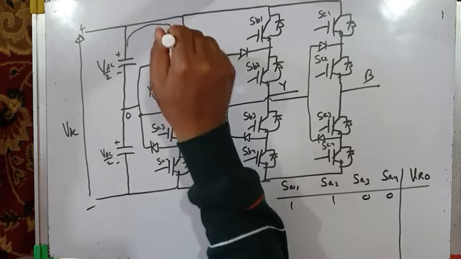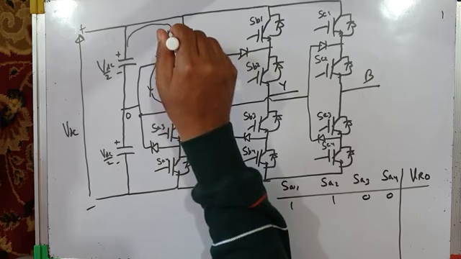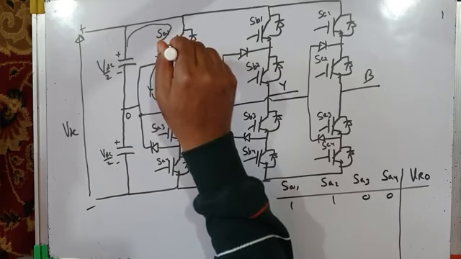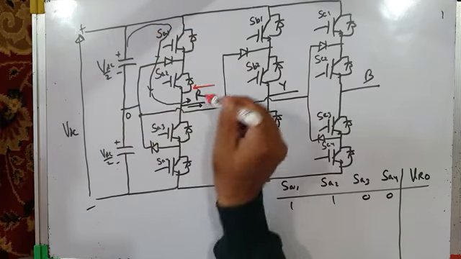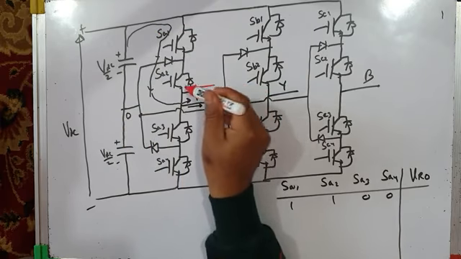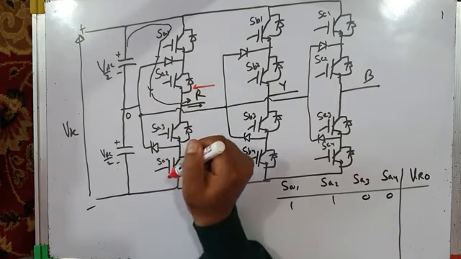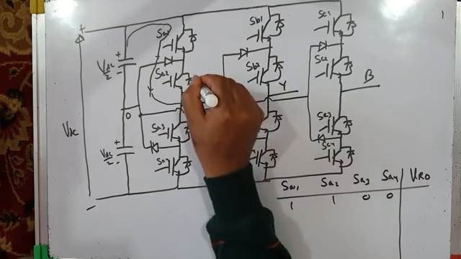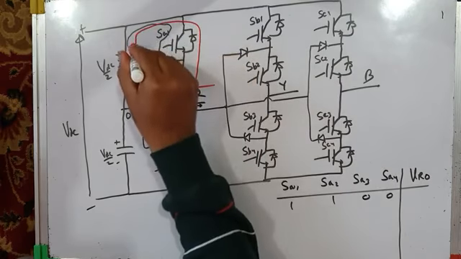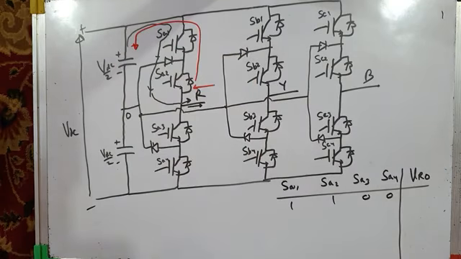They will not conduct from bottom to top, that means from emitter to collector. Okay, so for this direction of load current, the anti-parallel connected diodes or feedback diodes have to conduct. So they have to conduct like this. Okay, so this will be the direction of current. So the direction of current will decide whether IGBT switches are conducting or feedback diodes are conducting.